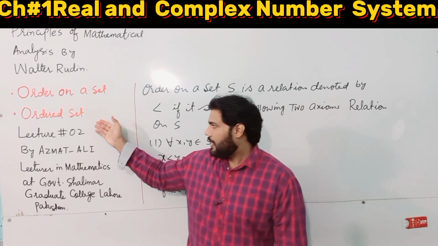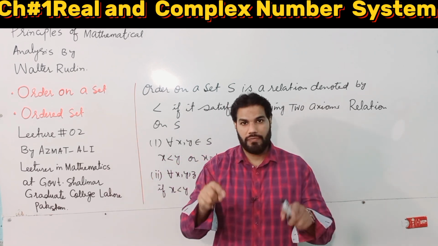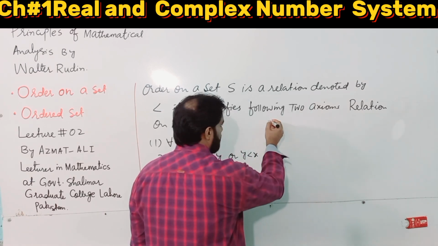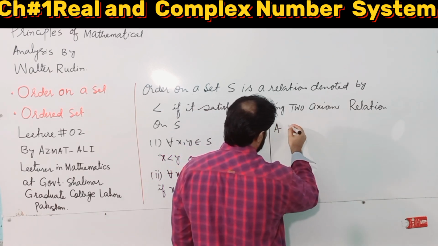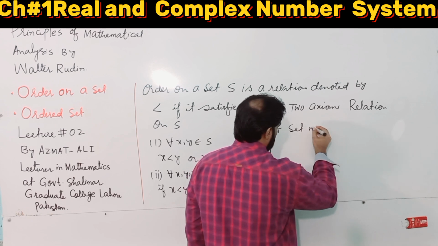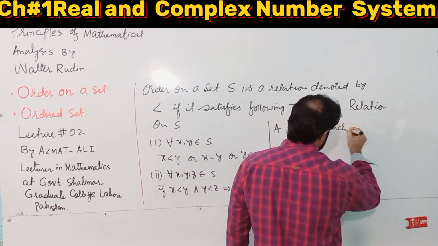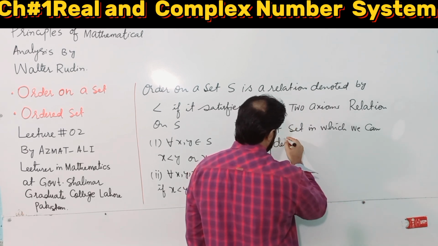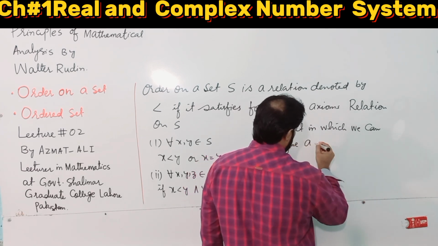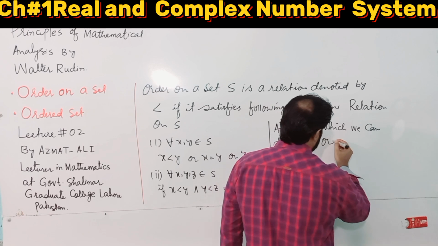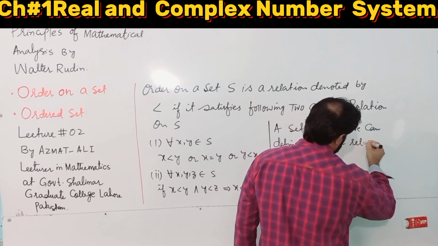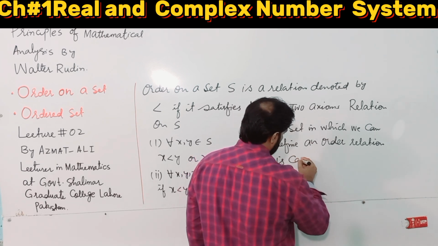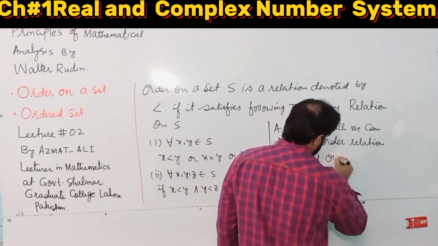And the set in which we can define an order is called an ordered set. A set in which we can define an order relation is called an ordered set.